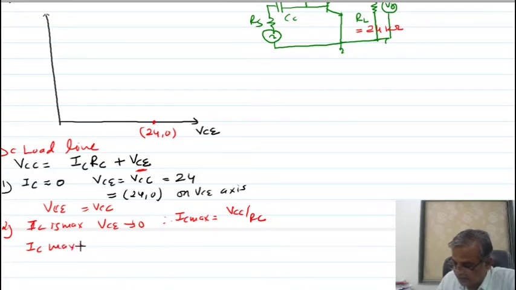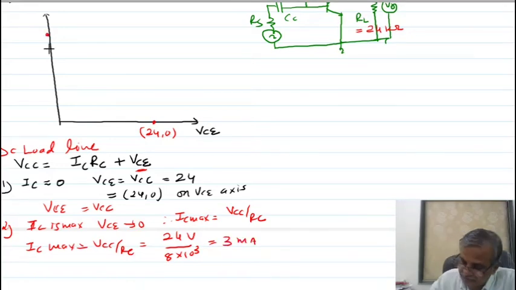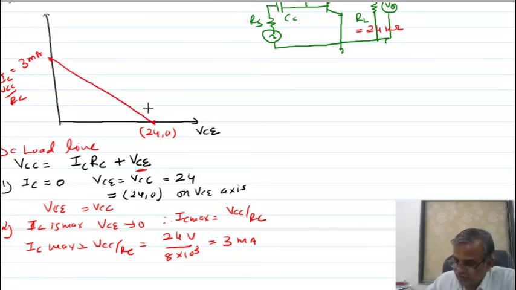IC maximum I can write as VCC by RC, it is 24 volt upon 8 kilo ohm. This is your 3 milliampere. Let me show it here, 3 milliampere. So here I am showing you 3 milliampere, that is IC equals VCC by RC. The line joining these two points is called the DC load line.